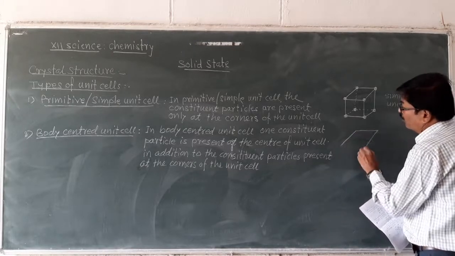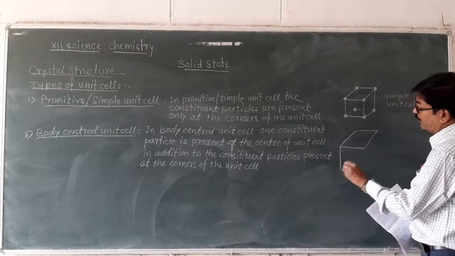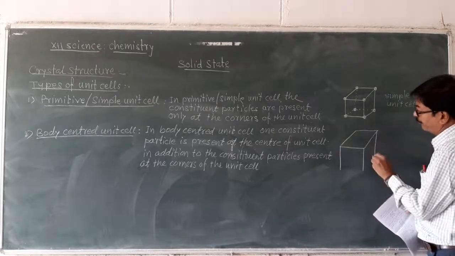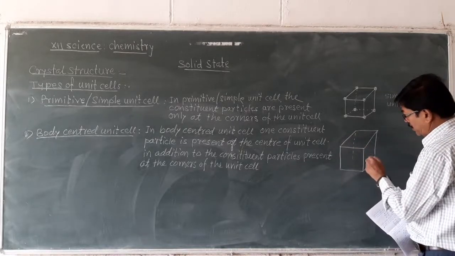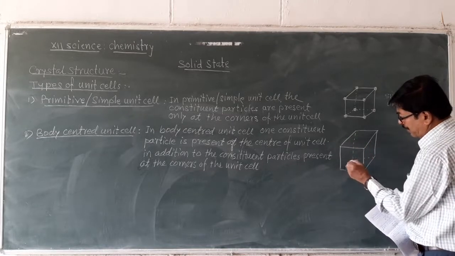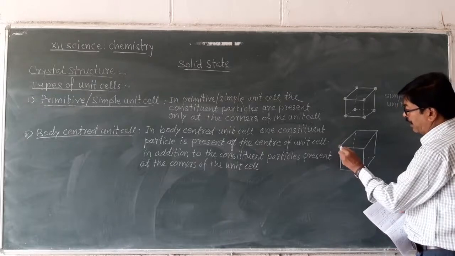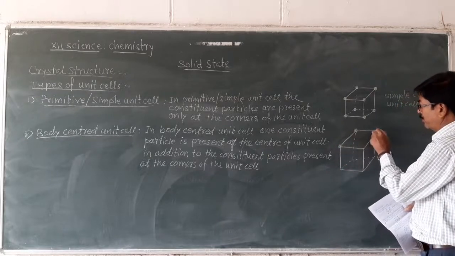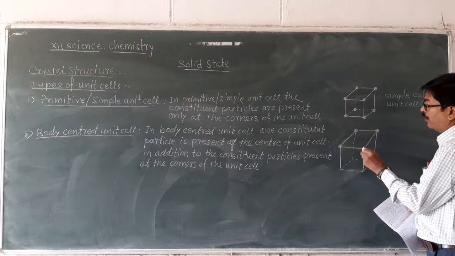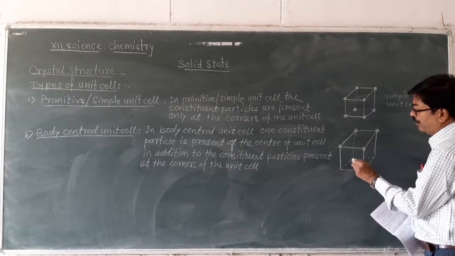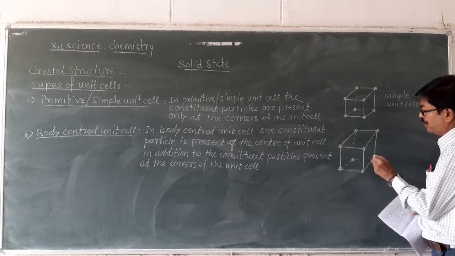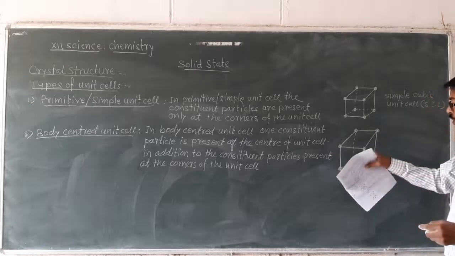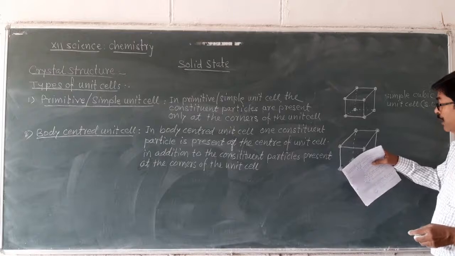You can show body center cube like this. This is a cubic unit cell and these are constituent particles present at the corners of the unit cell. This is now simple or primitive unit cell.